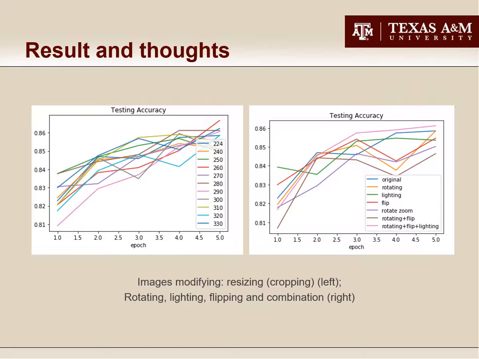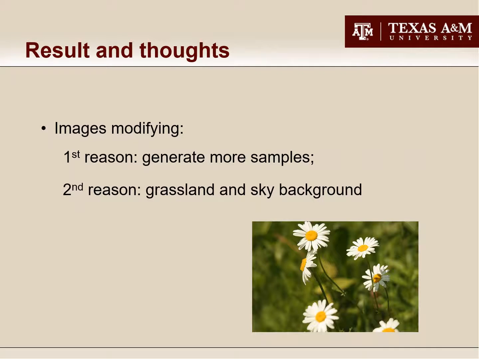And in this page, we can find the result of testing accuracy when we modify the images by changing the resizing size, rotating, lighting, flipping, and their combination. From the result, we can find that the combination of rotating, flipping, and lighting can increase the testing accuracy a little. And I think there are two reasons for this.